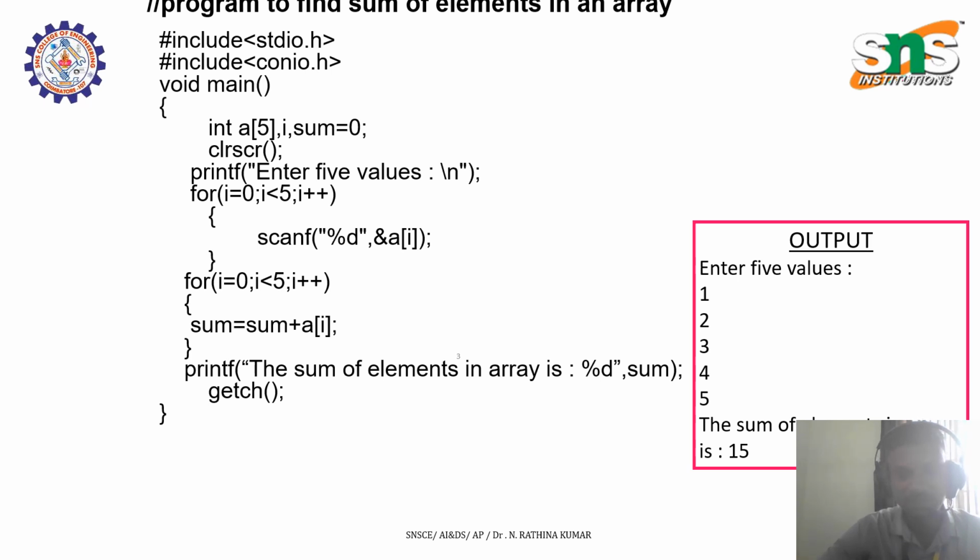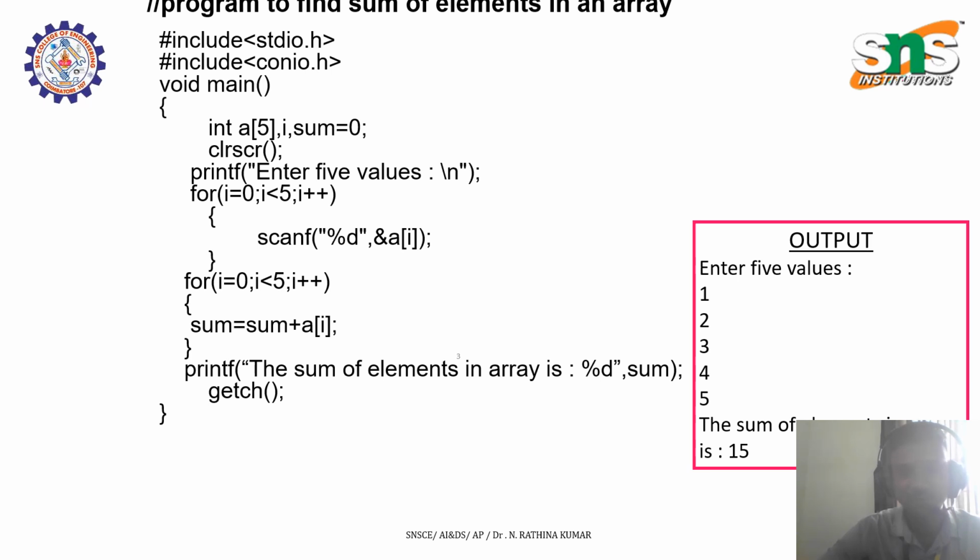When it reaches 5, the loop exits. For example, if i value is 0, then it checks the condition. Yes, the condition is satisfied, so the statement inside the for loop is executed once. There is only one statement we have mentioned in this loop, that is the scanf function: scanf %d ampersand a of i.